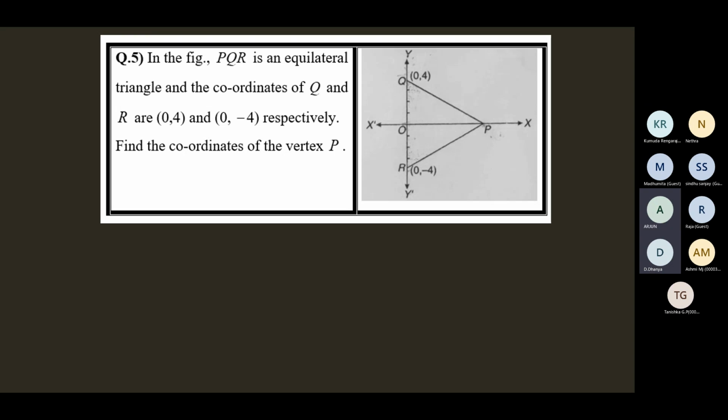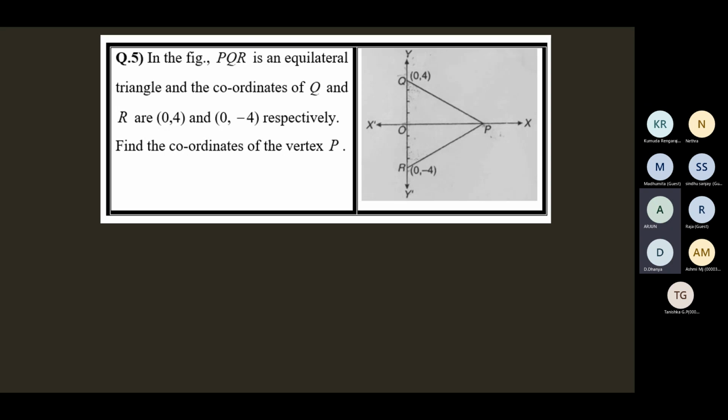So totally it's 16. Ma'am, the side length, how much? 4. Okay, 4 or you said 16.